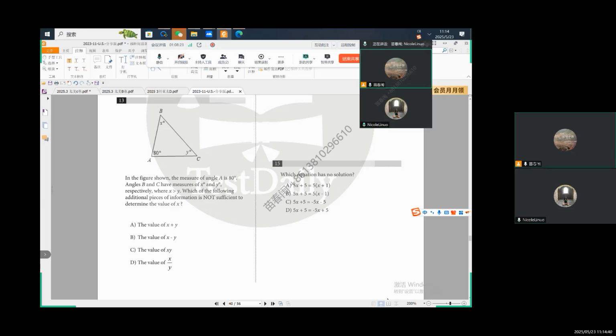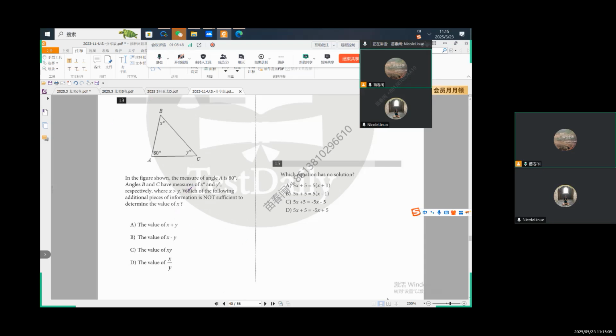Because in the previous example, we kind of used that. X minus Y, you can find out the difference, so then you can use 180 minus 80, and then subtract the difference to find out the value. I wasn't sure between the last two choices. They look a little bit similar, right?